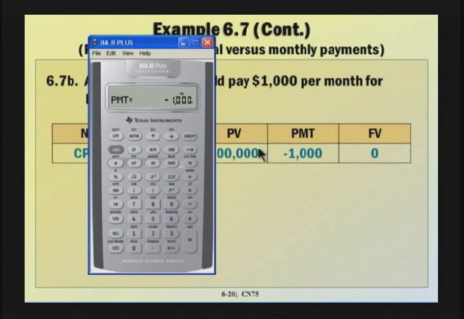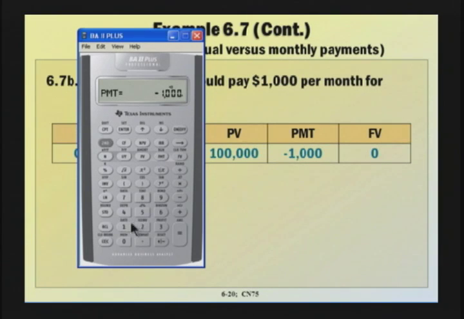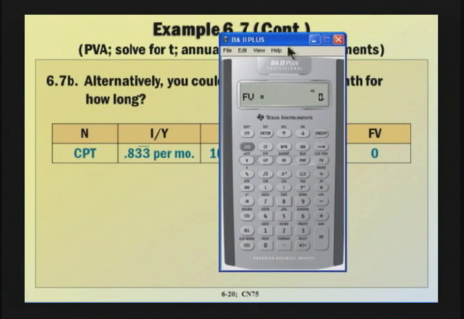If all the cash flows are positive or all the cash flows are negative, the calculator does not understand what you're asking it. So some cash flow has to be positive and some has to be negative when you're computing the number of periods or the rate per period. There's nothing that happens one time in the future. There's no lump sum future value, so it's 0 FV, and then I'll compute N, and I get 216.